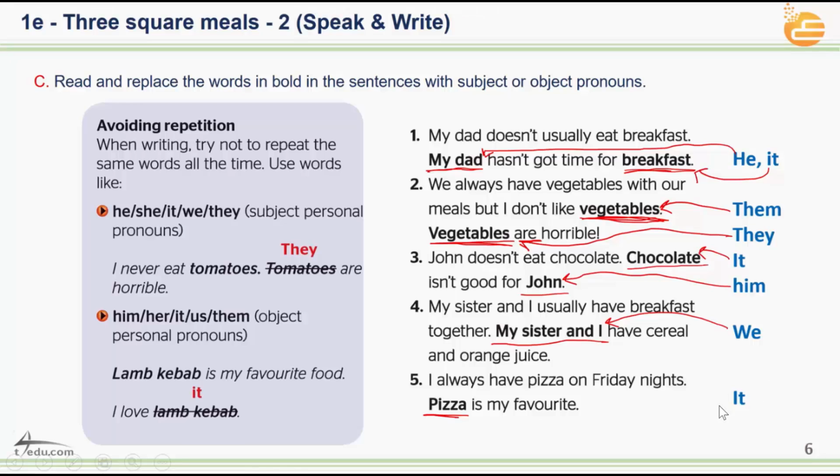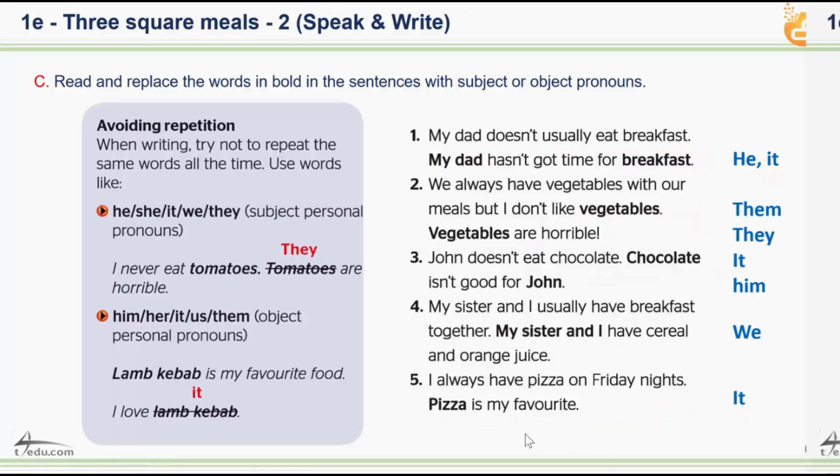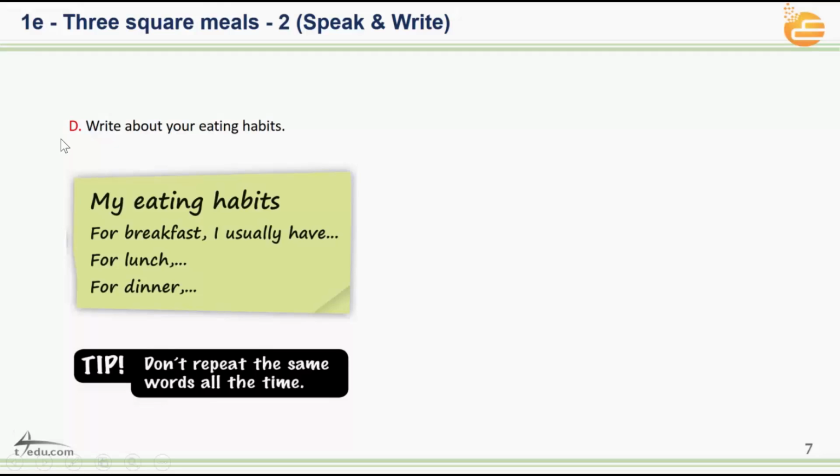It, exactly. So we have to change it with it. I always have pizza on Friday nights. It is my favorite. Very nice.